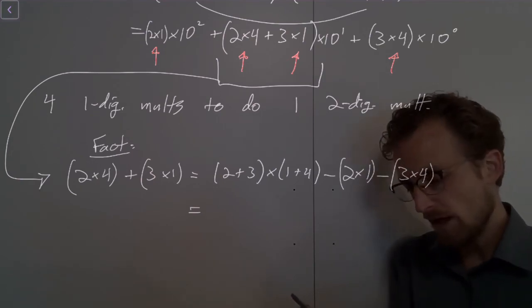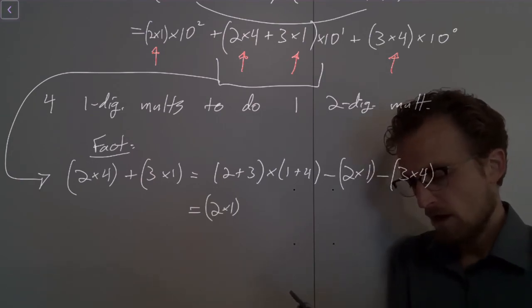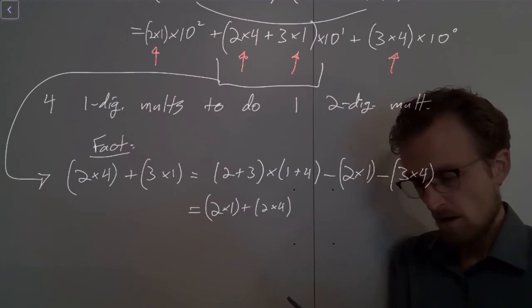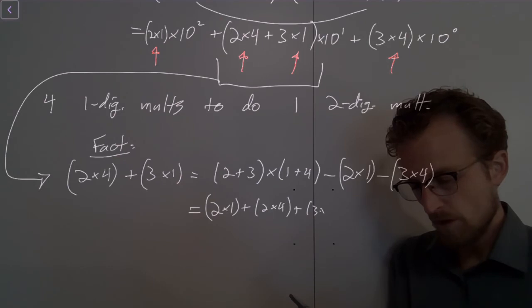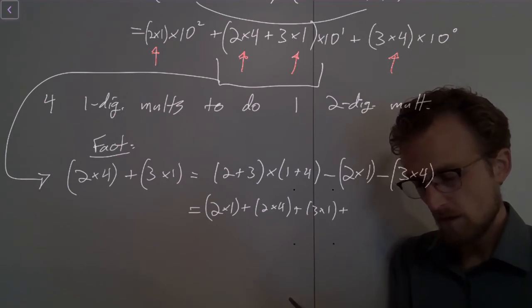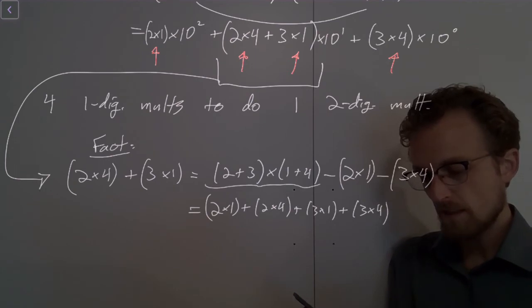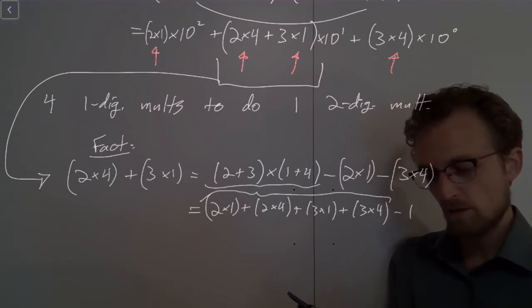So on the right, what do I have? I have 2 times 1 plus 2 times 4 plus 3 times 1 plus 3 times 4. Right? That's all of this together. And then minus those negative terms, 2 times 1 minus 3 times 4.